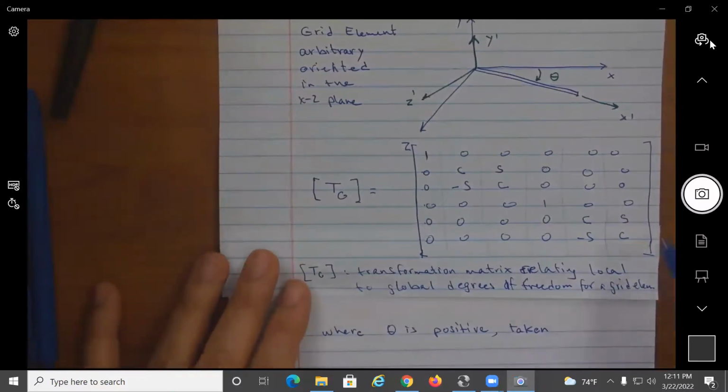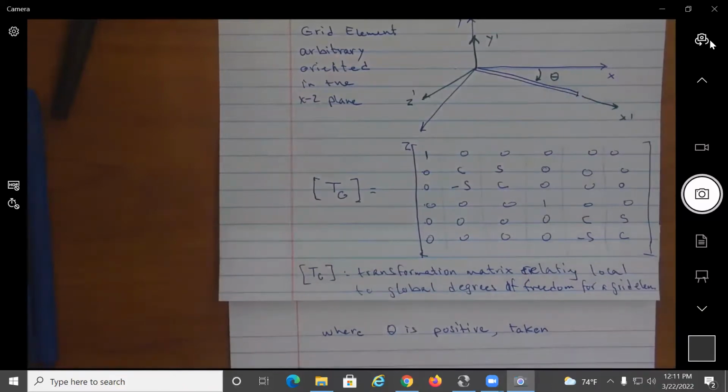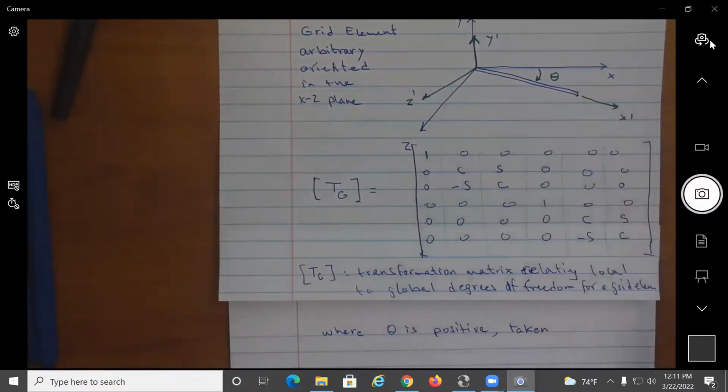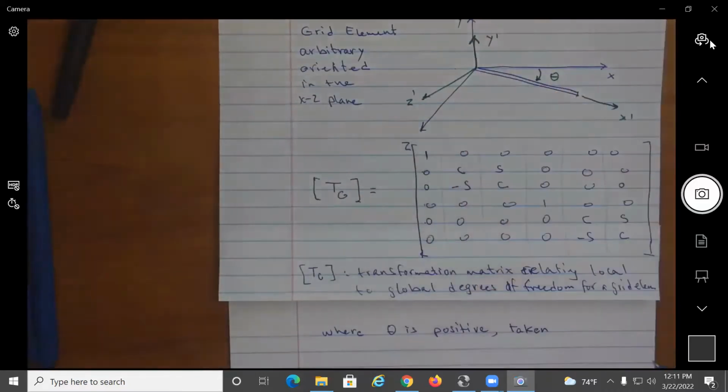Now, if you look at this theta here, the way I drew it, would you consider it positive or negative? Negative, right. So when I say counterclockwise in 3D, this could be a little bit tricky, but if we're looking from the top, it's as if going in the clockwise and would be considered positive.